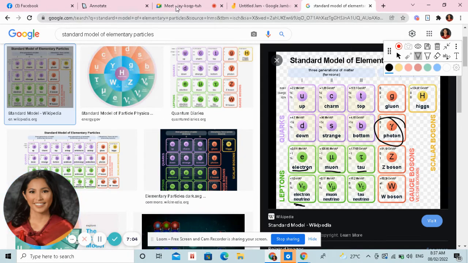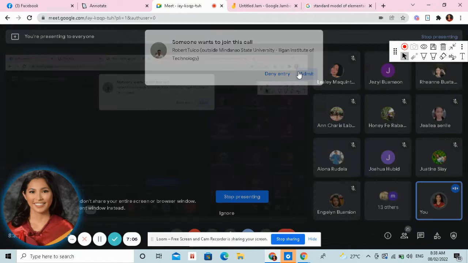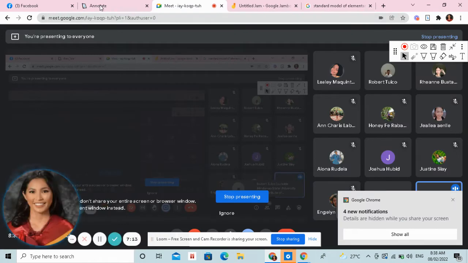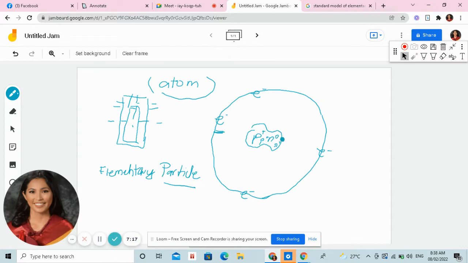Again, my point here is that an atom is not the smallest thing, but the particles are. Now, as we can see here, protons and neutrons, are they standard or elementary particles?